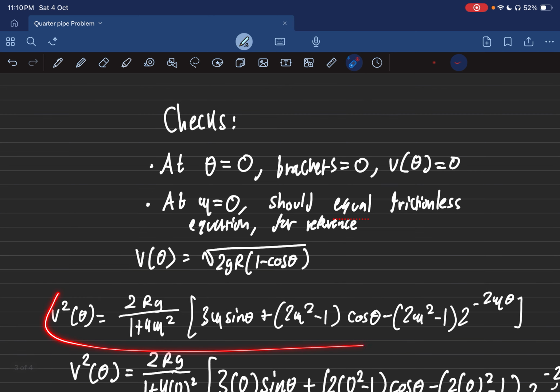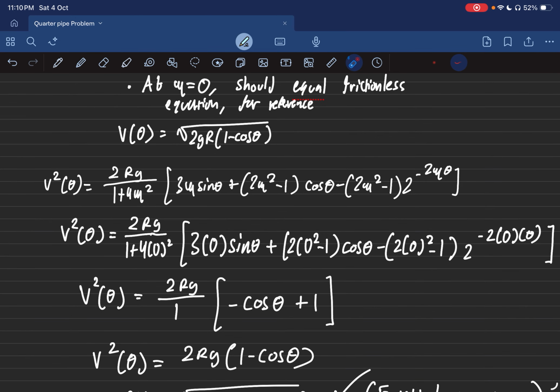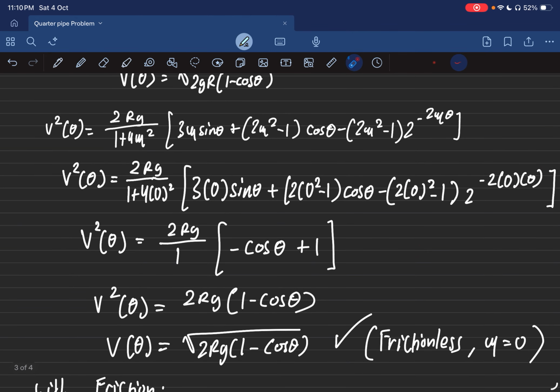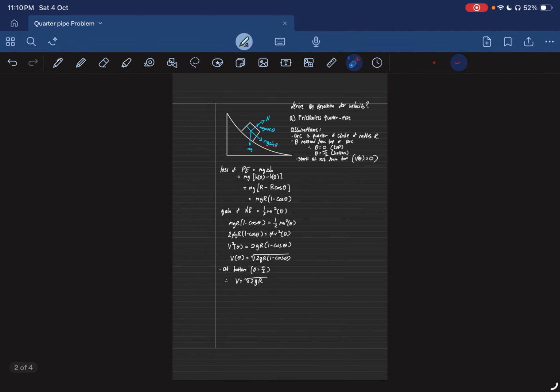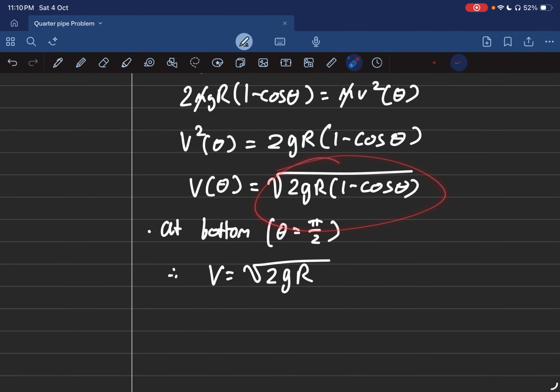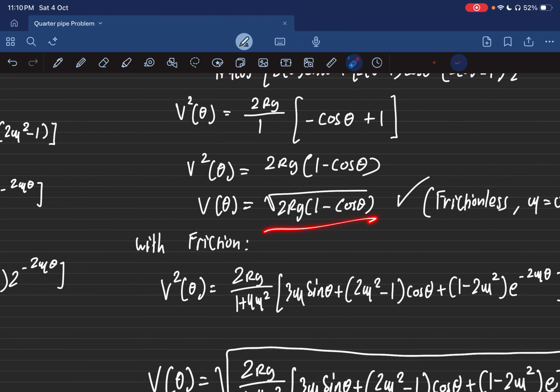We have this not-so-little thing, and then you just sub in 0 for the mus. That's 0, 0, 0, 0, 0. Then rearrange, move some things around, and would you look at that? Same exact thing. V theta equals root that. Therefore, when the friction is 0, that's what you get.